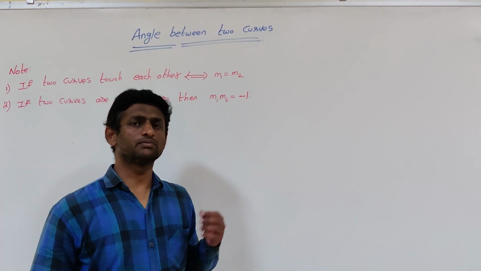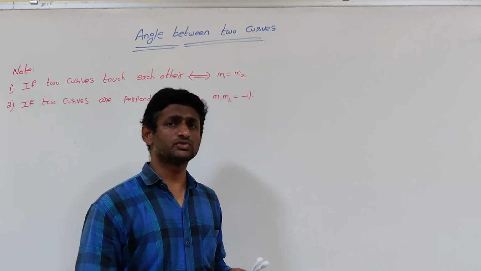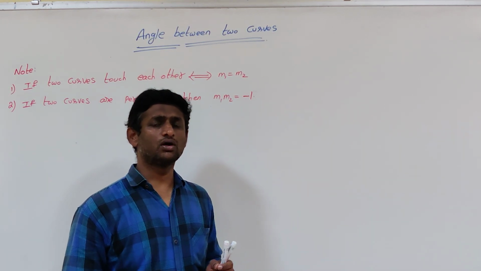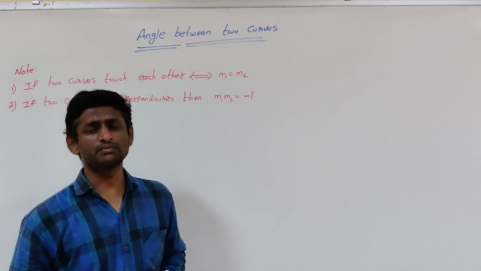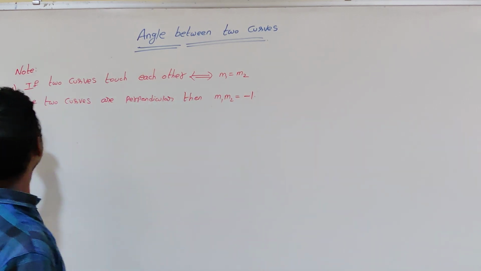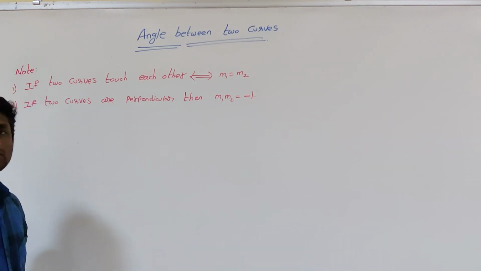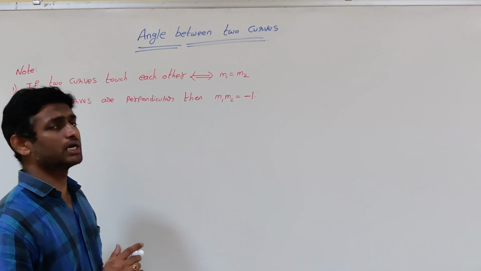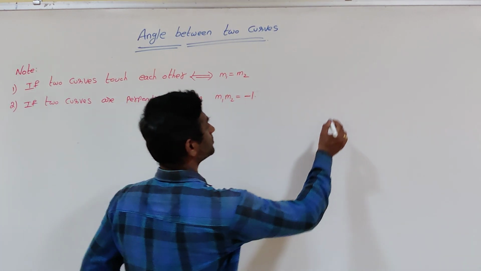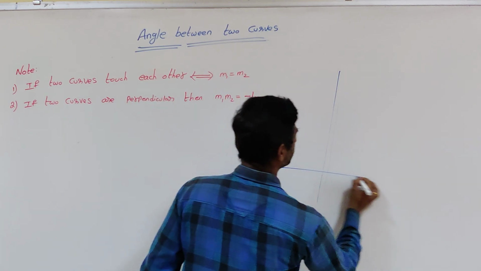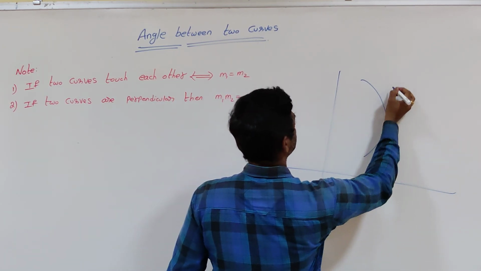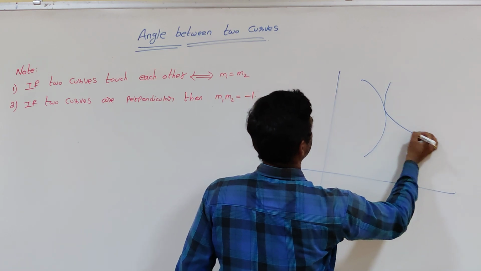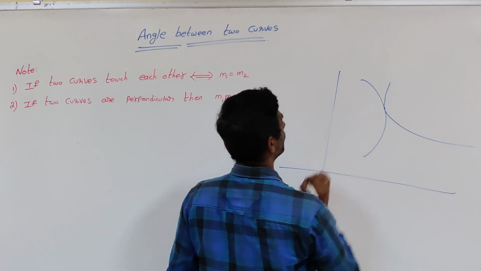So now we will see some notes. If two curves intersect or touch at only one point, that is, if two curves touch each other, then if and only if the slopes are equal. Assume that this is one curve and this is another curve, and it touches at only one point.